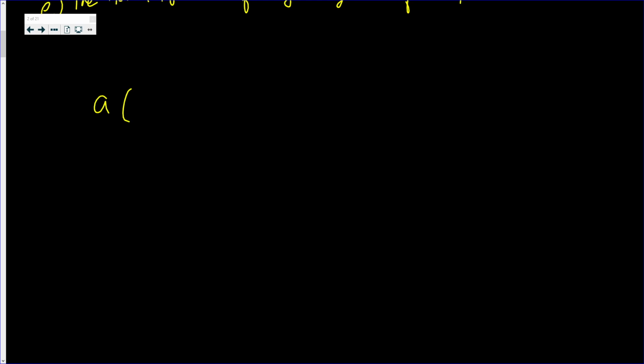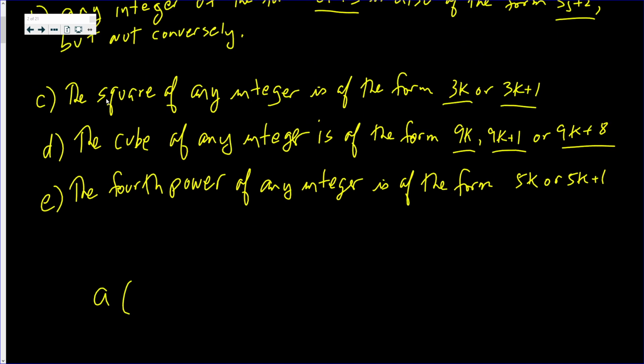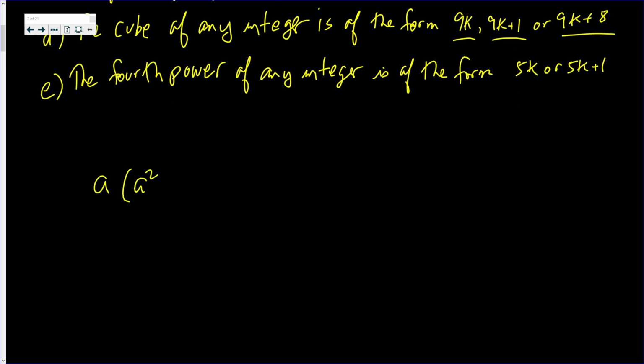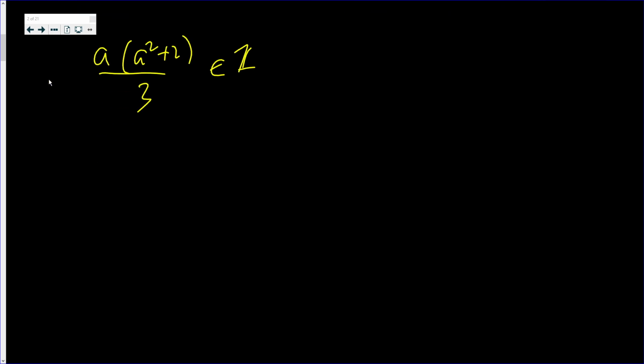A times, is it a squared plus 2? A times a squared plus 2, divided by 3, is always an integer. Now, we can prove this by induction, but we won't. Now, either a is a multiple of 3, or a multiple of 3 with remainder 1, or a multiple of 3 with remainder 2.